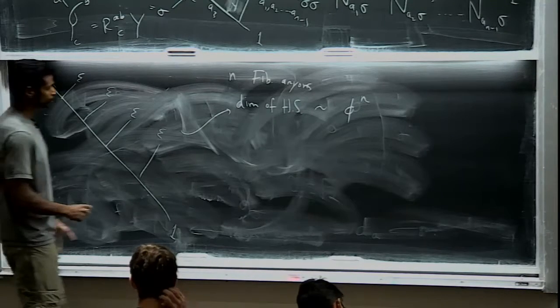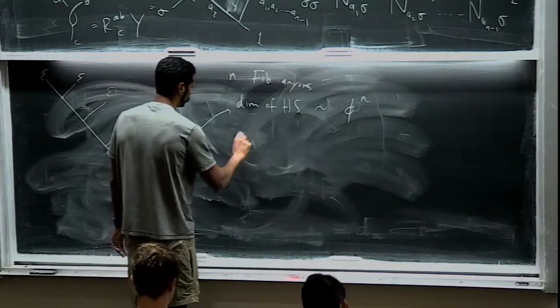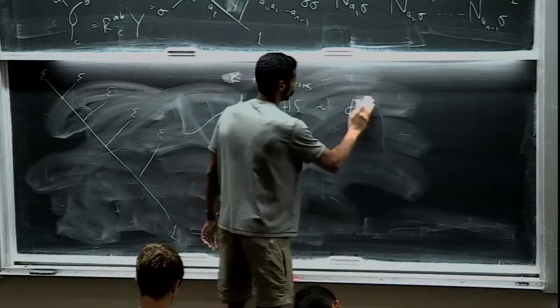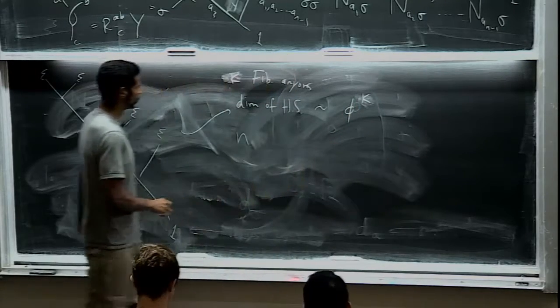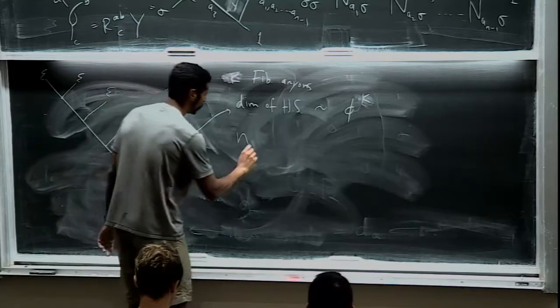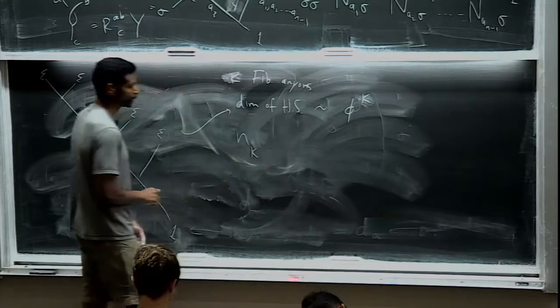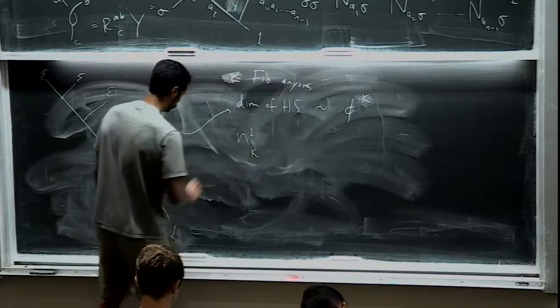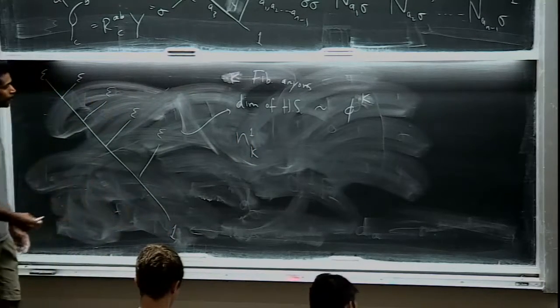Okay. So let's say we want the number of, let me call this k. I want to use n for number. Suppose we want to know what the number of states is for k Fibonacci anyons whose total charge is 1 over here.